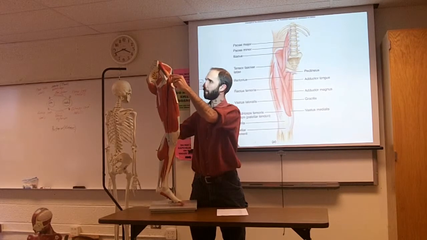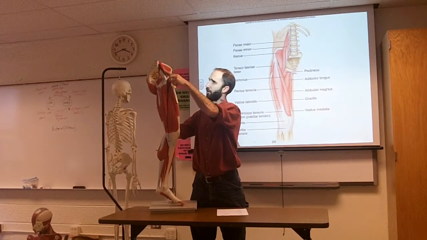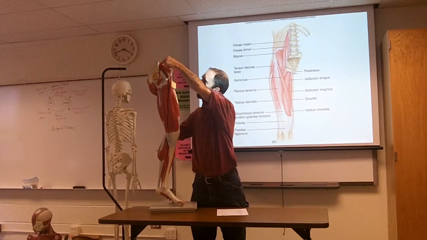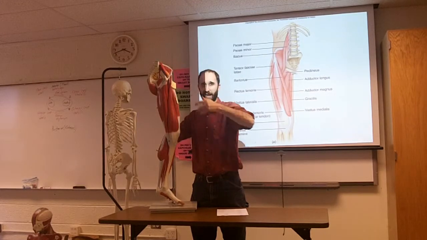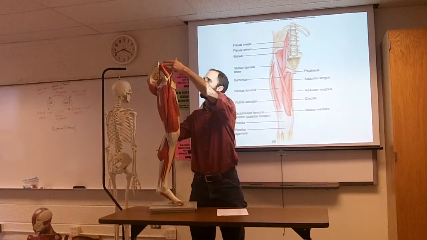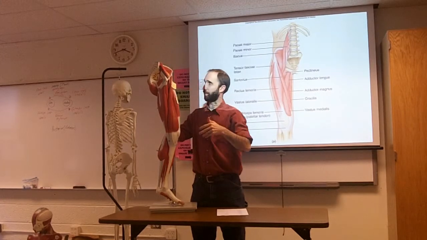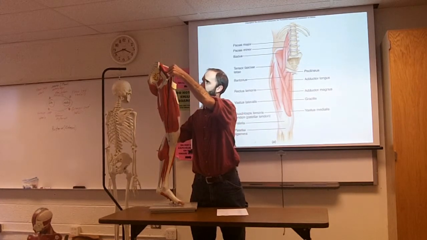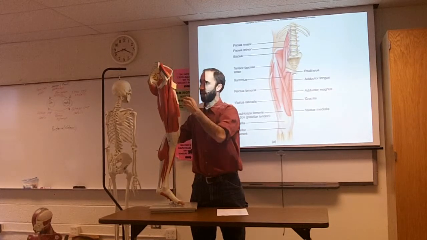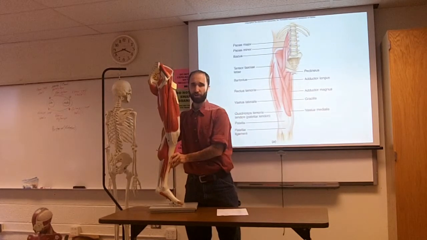The psoas comes underneath that. The iliacus attaches to the inside of the iliac crest, and then hooks in with the psoas, and they both attach to the lesser trochanter.